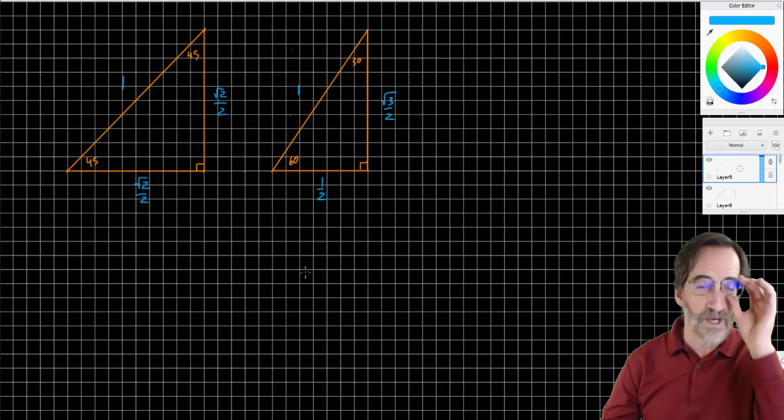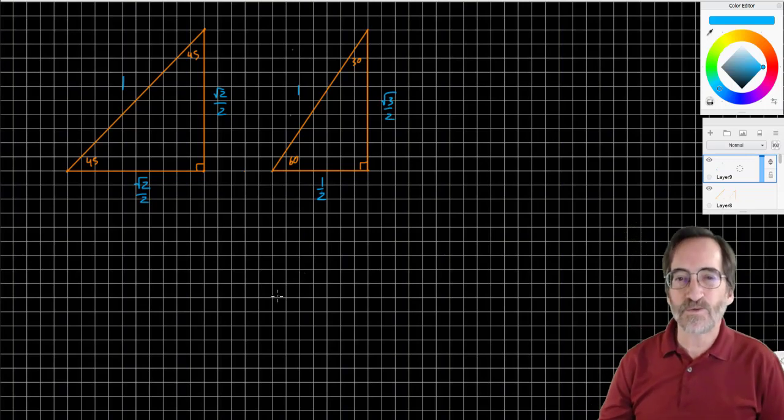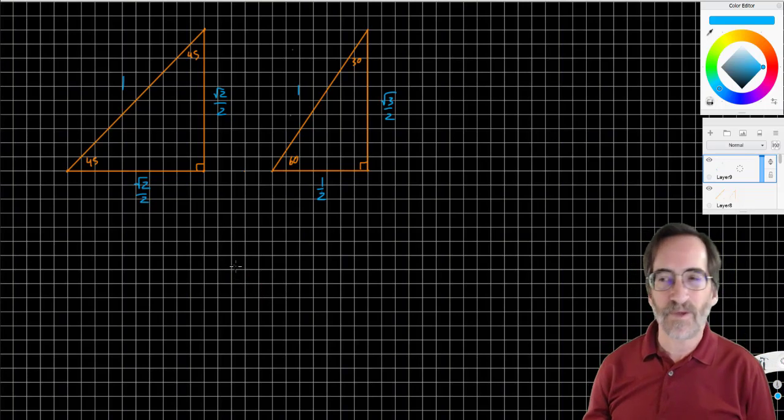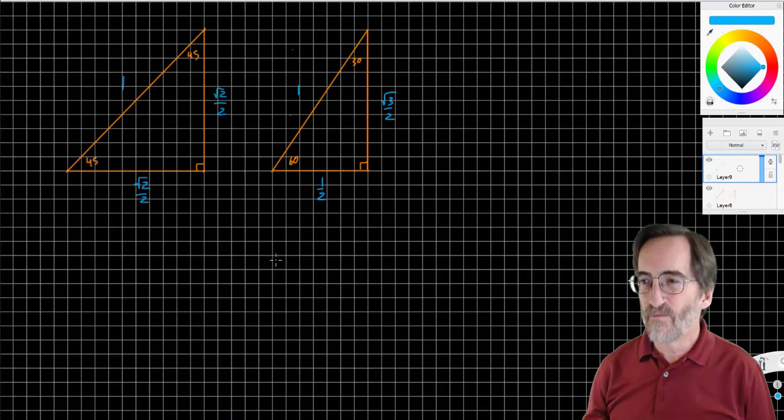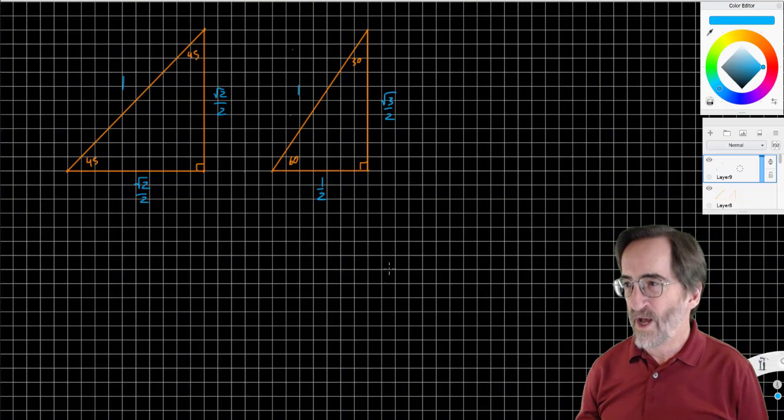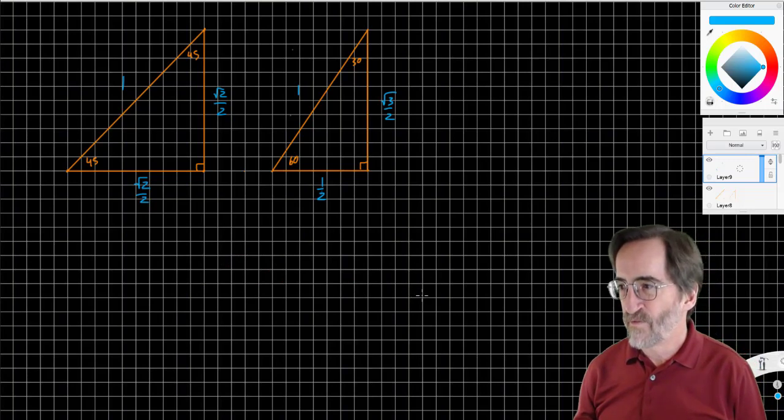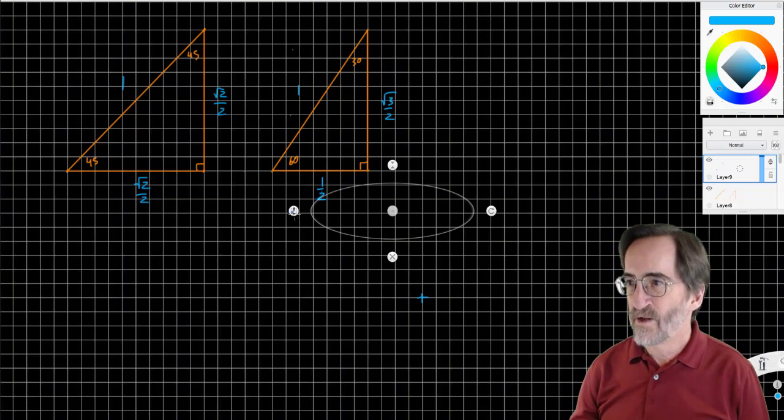Now, how do we use that? Well, we use that to evaluate trig functions. I've probably jumped the gun because I think I actually did some of this already. But let's say we have the unit circle, and let me draw a circle here.